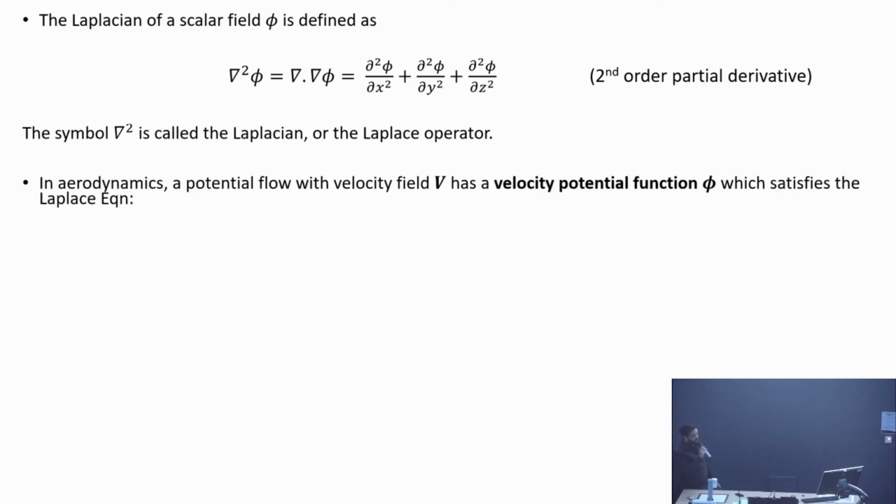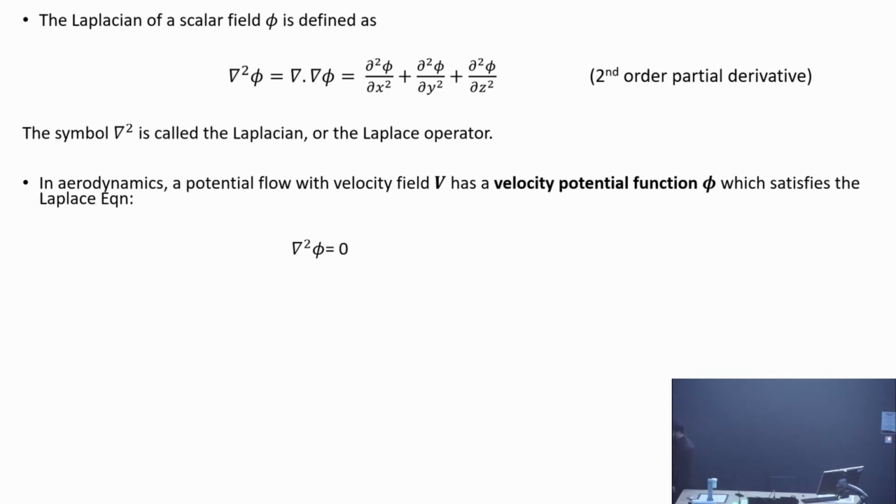And this velocity potential phi actually turns out, if the flow is potential flow, to satisfy the Laplace equation, i.e. the delta squared of that velocity potential phi is equal to 0. And that's the Laplace equation. Which if you think in terms of this one is just that sum. If you take that sum in 3D and put it equal to 0, that's saying that phi satisfies the Laplace equation.